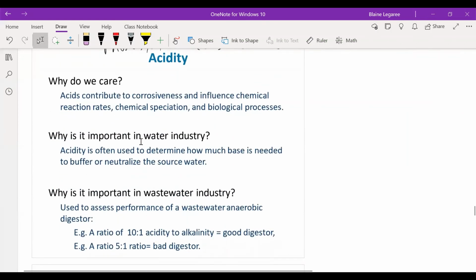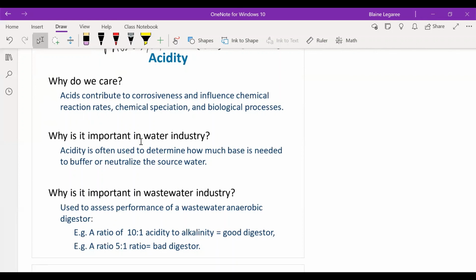So let's talk a little bit more about acidity today, and then we'll come back next day and talk about alkalinity as well. It says here, why do we care? Well, like I said, water acidity affects all sorts of different processes.